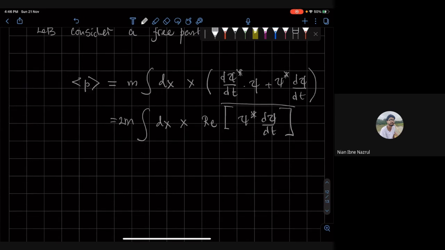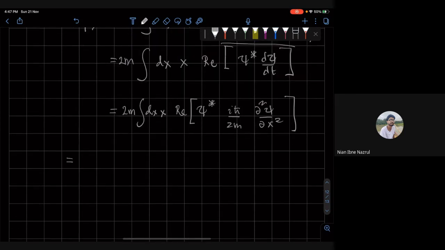Okay? So now, if I use the Schrodinger equation, then this becomes 2m d<x>, the real part of psi star. What should I get here? I should get here i h bar by 2m del squared psi del x squared.